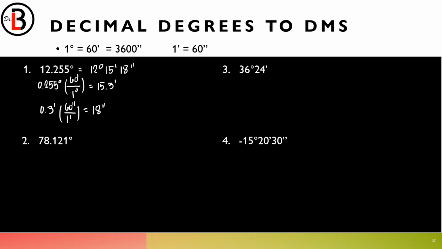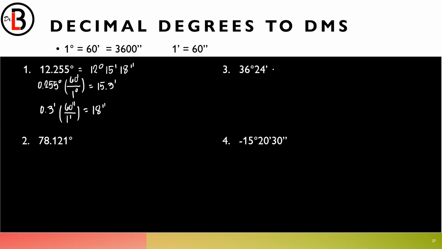All right. Now, let's skip to number 3 first. How do you input now from degrees, minutes, and seconds to make it the decimal degrees? I want you to please check your calculators. Can you please press 36 and then press the degree? And then press 24, press degree again. And then press equal sign.